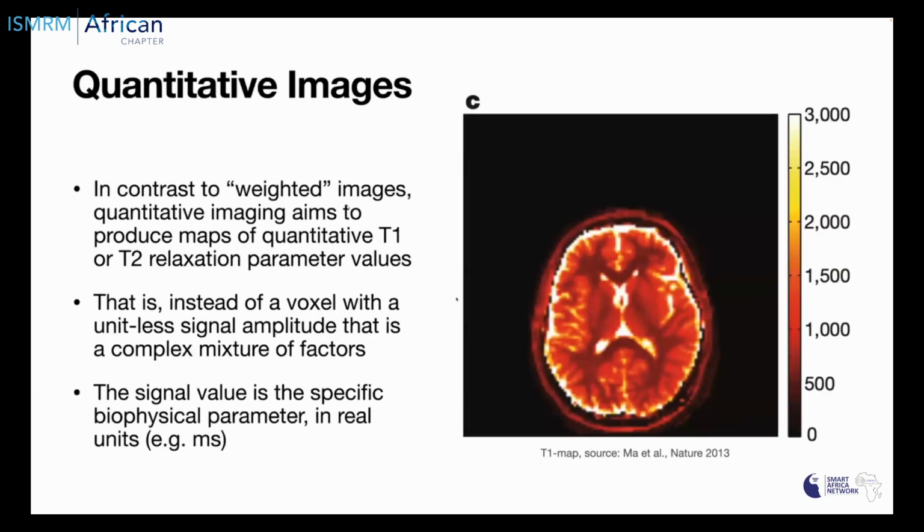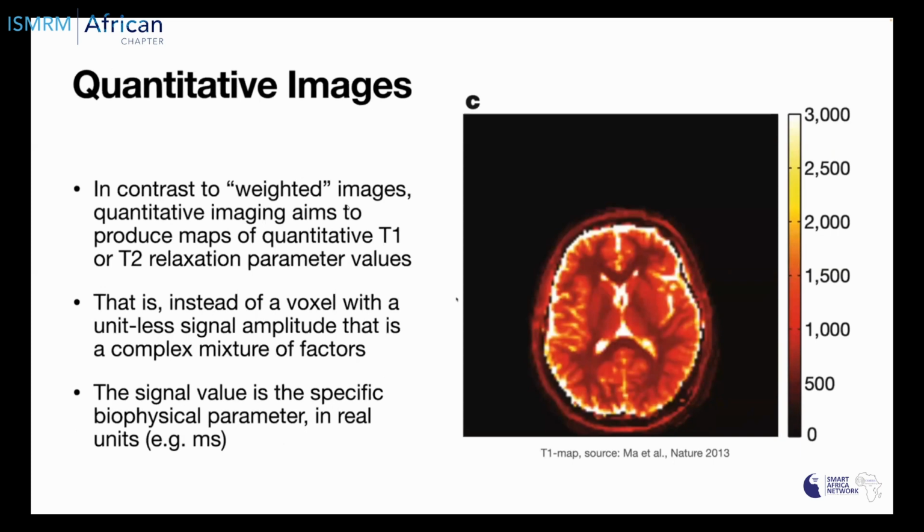So in contrast to weighted images, there are ways to acquire quantitative MR images. And when we say quantitative, what we're actually referring to is the fact that we are mapping not just voxel signals that are contrast weighted with some parameter, but actually we are recovering the T1 or T2 parameters themselves.